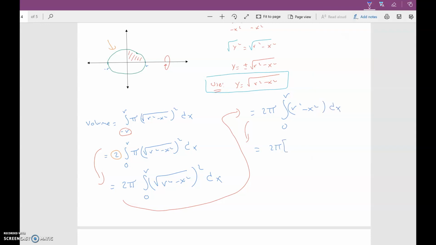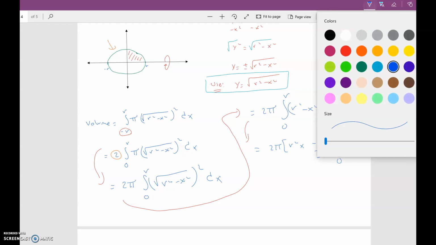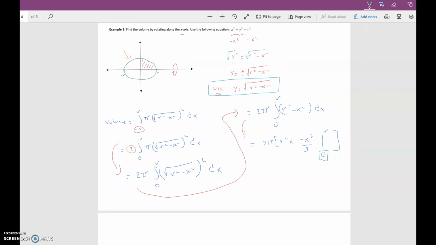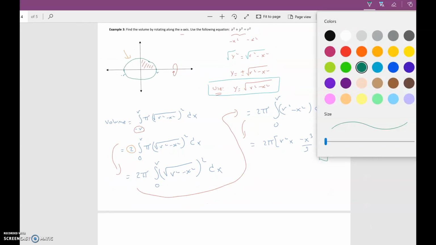Which is just 2 pi times the following values. This one's going to be r squared x minus x to the third divided by 3, evaluated from 0 to r. Now, this is the only advantage of using just a piece of the quadrant: once you get to this step, you're not evaluating at negative r, which is just going to simplify and not contribute much to the problem.